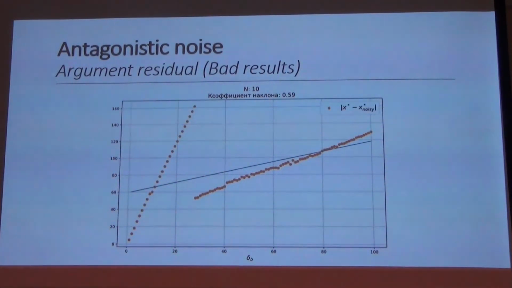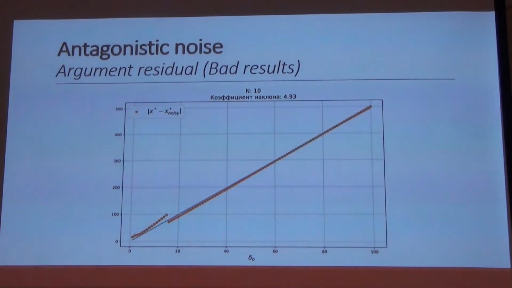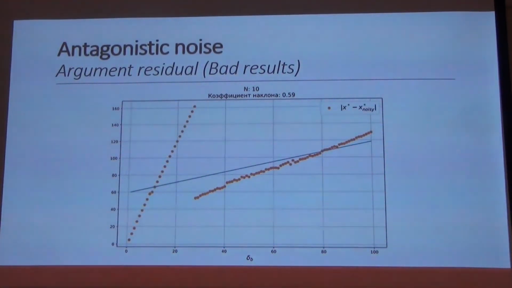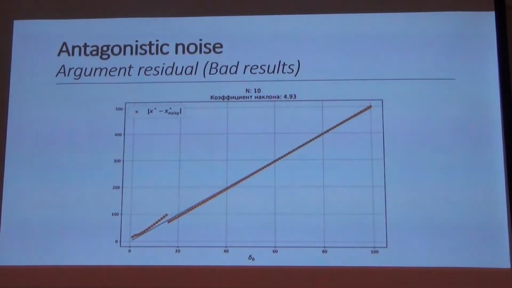Could it be, for example, the condition number of this? No. I looked at this, and it really doesn't depend on the condition number, because, for example, here and here the condition number differs by less than one order of magnitude.